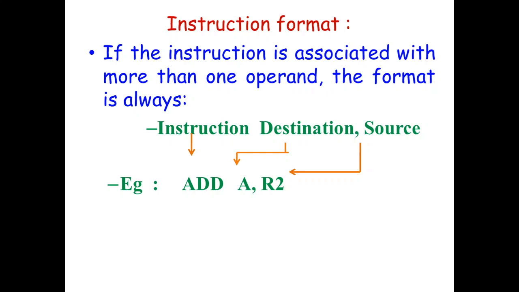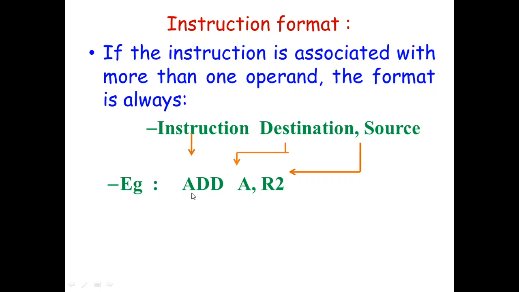Next one is instruction format. Now we are saying that there are two fields, one is opcode and second one is the operand. Now suppose there are two operands, for example addition, subtraction, where we want two numbers, meaning there are two operands or two data. One is source data and second one is the destination data. The syntax for that is instruction, meaning opcode, destination data and source data.